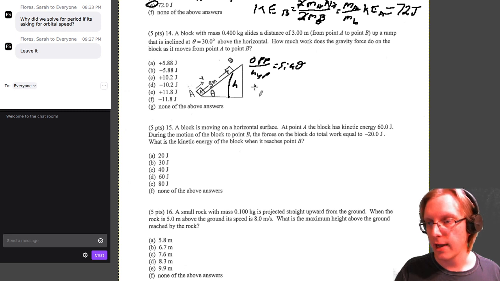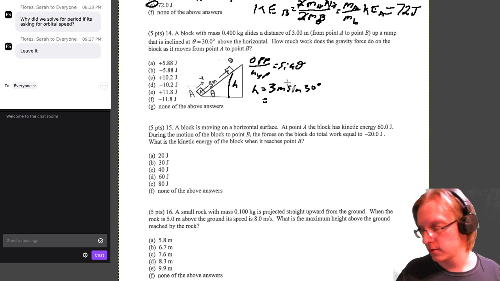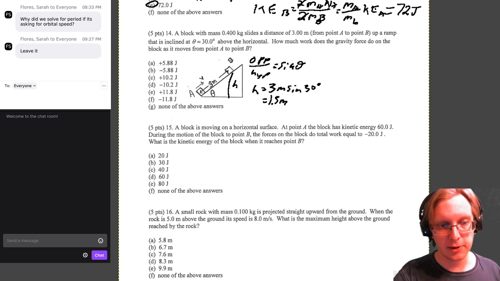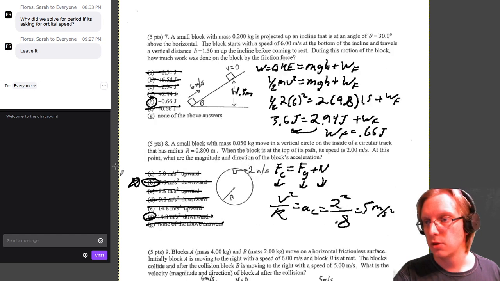Therefore, H is equal to 3 meters sine 30 degrees. I'll wager that's a half. Sine of 30 is, yep, that's a half. 1.5 meters.